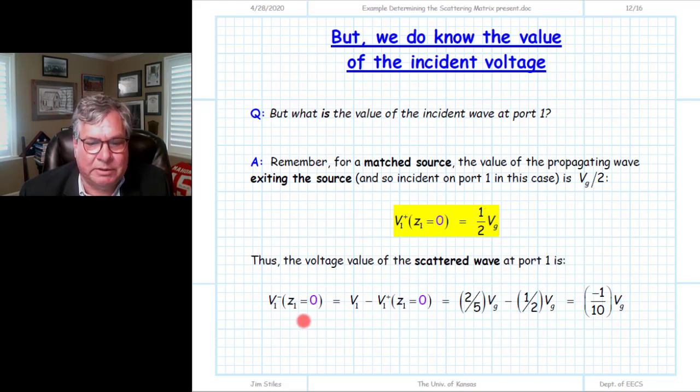So now we can determine the scattered voltage at port 1, the minus wave voltage. We take the total voltage, which we found from voltage division, and now we subtract from it Vg over 2. We get an answer here for the scattered voltage on the first port of minus Vg over 10. Once again, the answer is dependent on this open circuit voltage Vg.